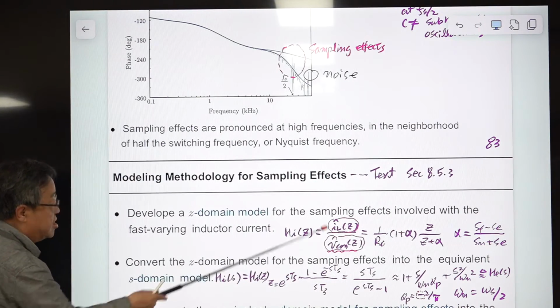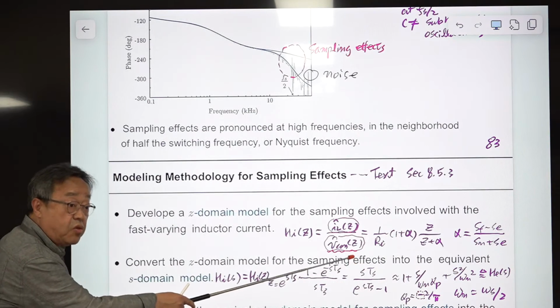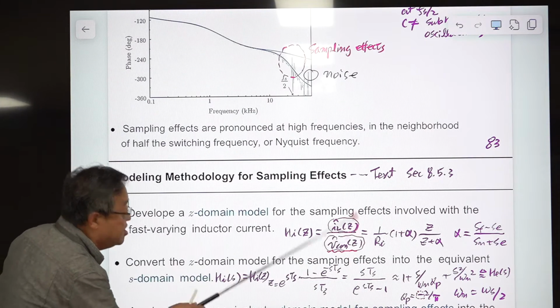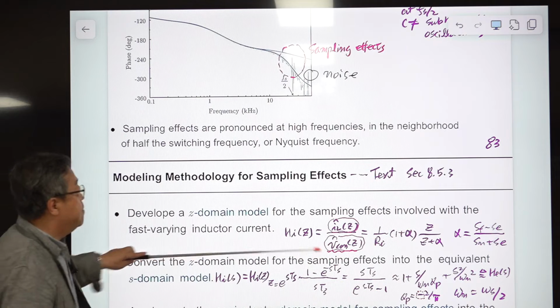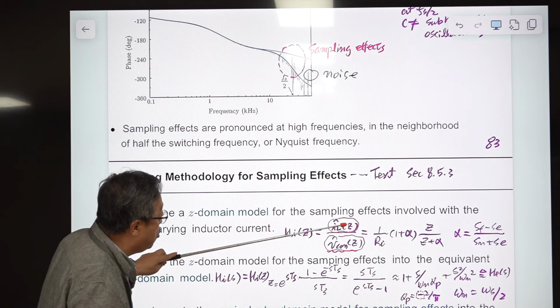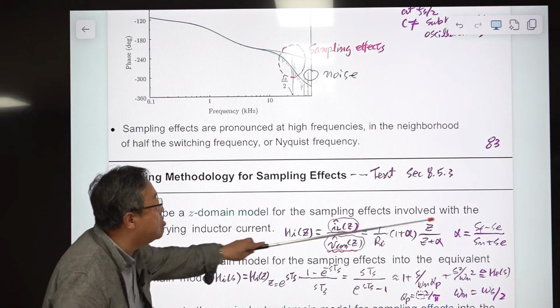But this is the discrete time, sampled data feature, and we use difference equations to analyze this, not differential equations, and we use the z transformation, not the s transformation. He derived this transfer function from control voltage to inductor current. This is the critical one, and somehow he derived this.